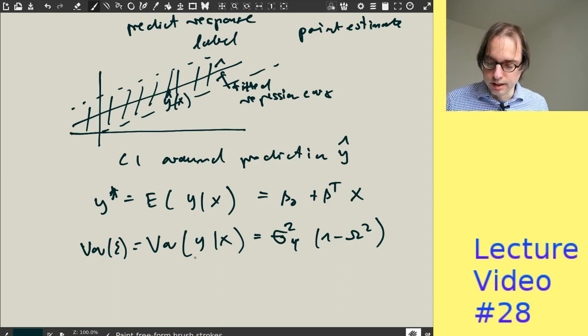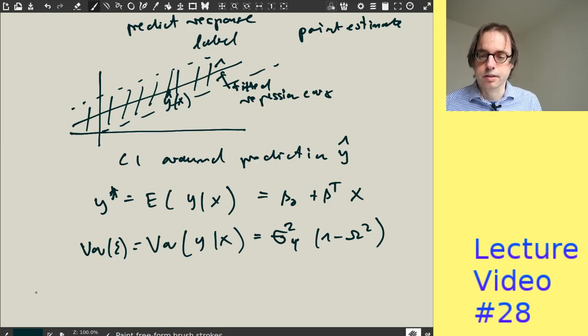This means a very simple way would be simply to use this error epsilon to create an interval around this.